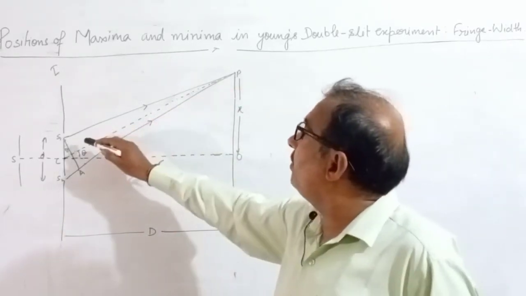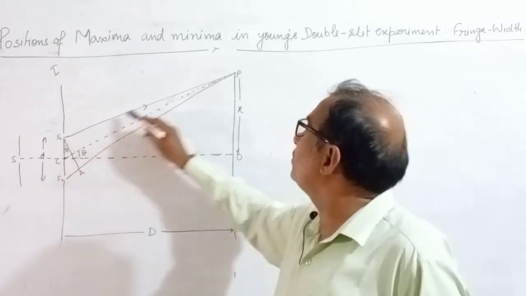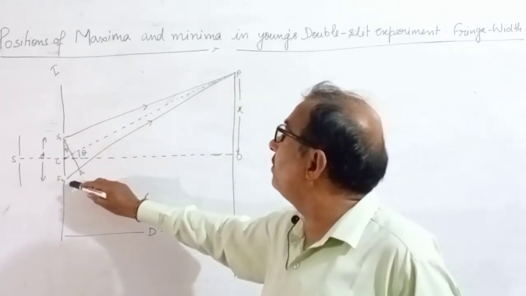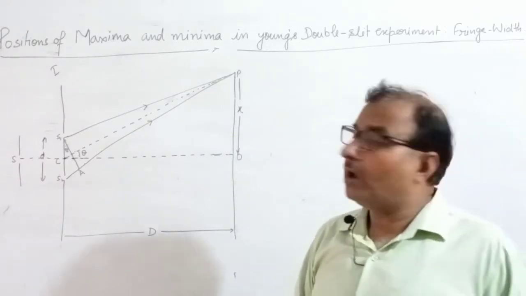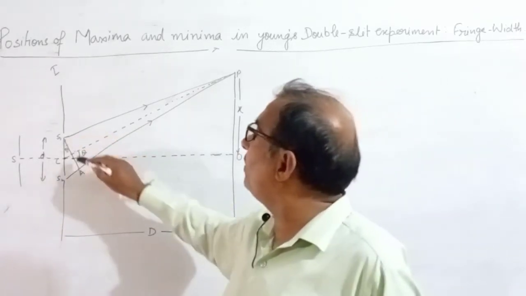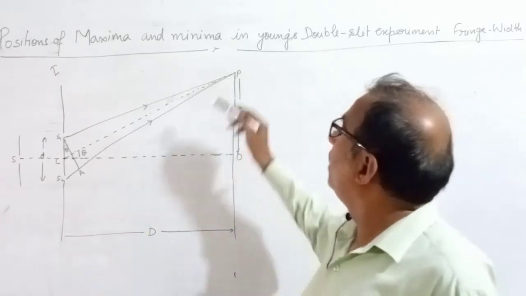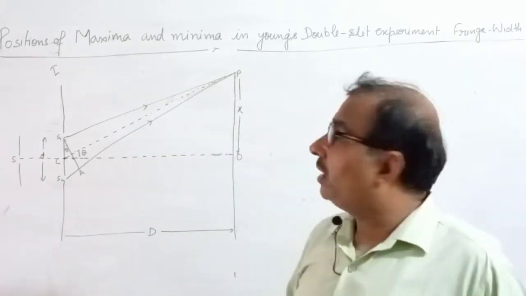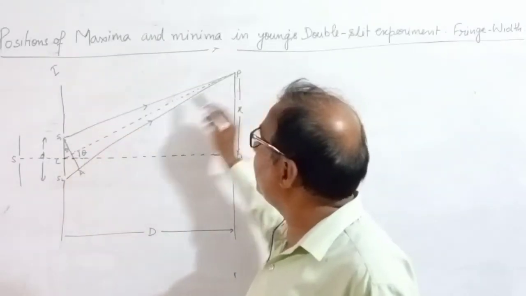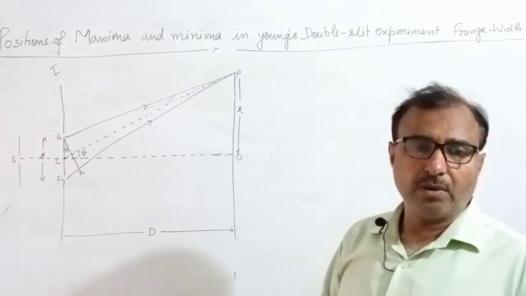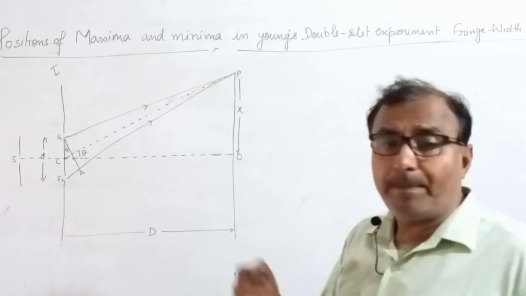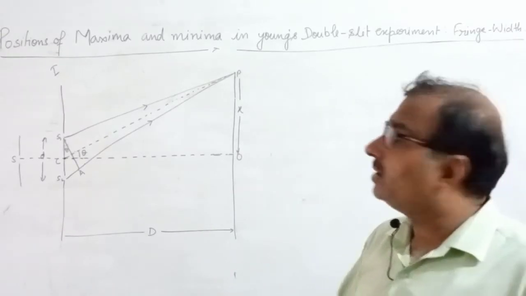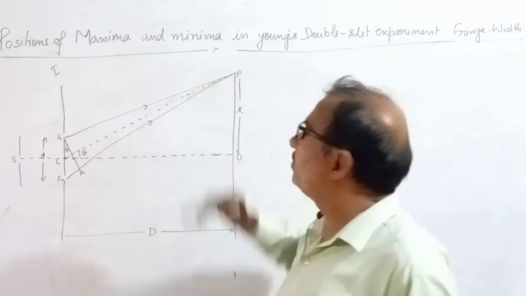One moves along path S1P, the other along path S2P. Now we draw a perpendicular from S1 on S2P. This S2A is the path difference between the two waves.